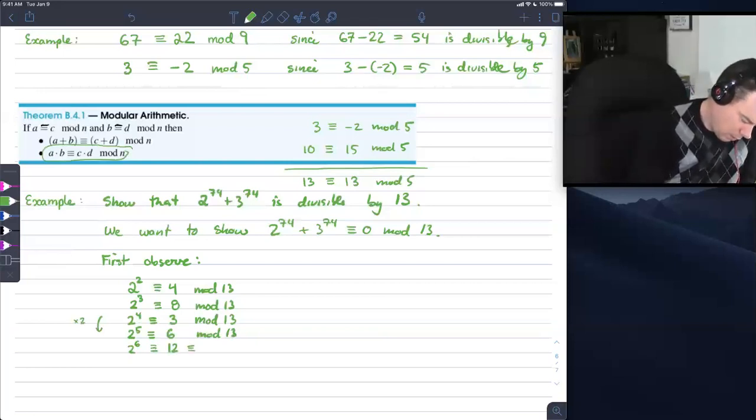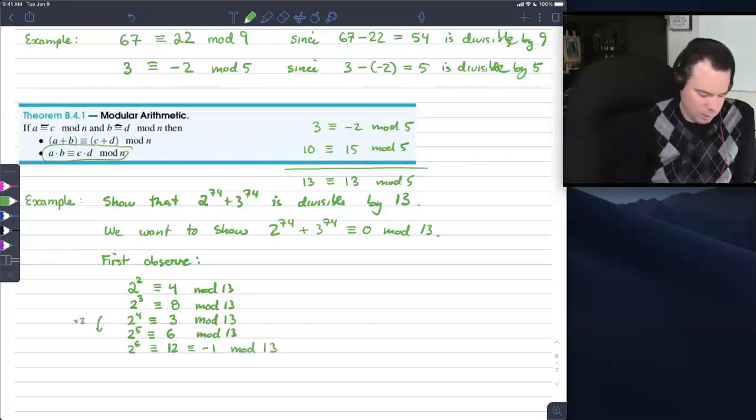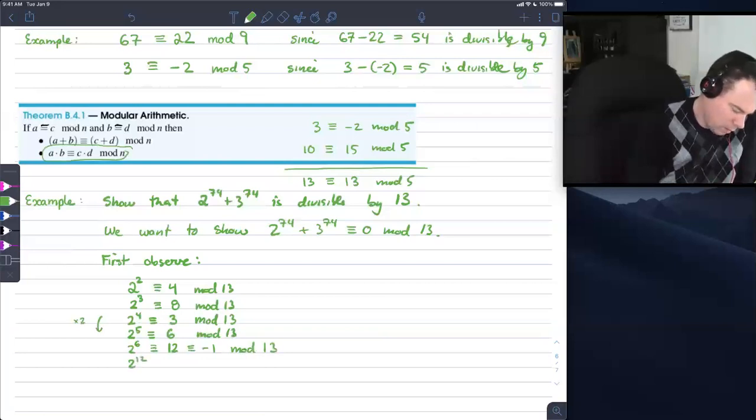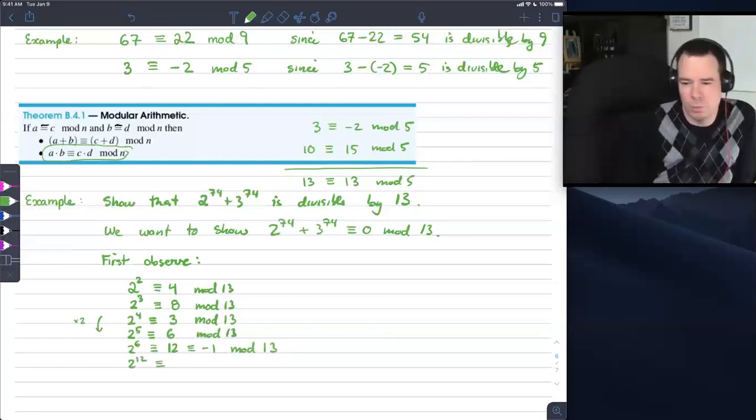But I'm going to write it like that: that's negative 1 mod 13. The reason I'm going to do that is that if I squared the left-hand side, the 2 to the 6, I get 2 to the 12. And what do I get when I square the right-hand side?